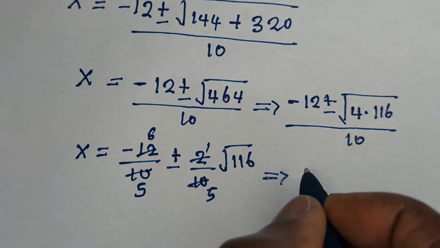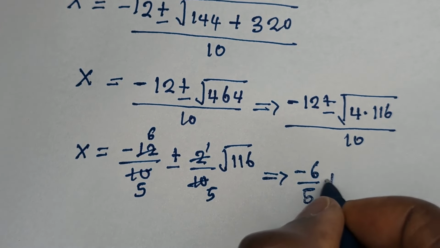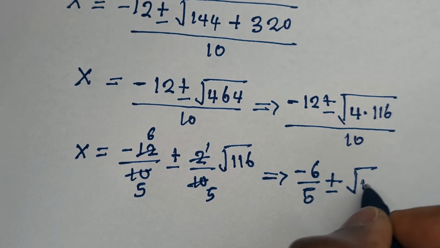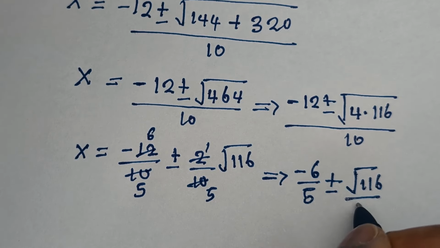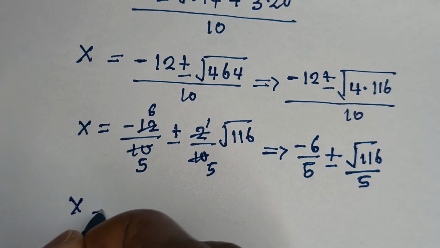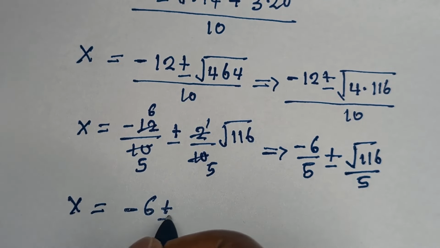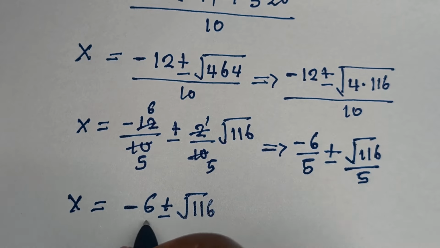This is the same thing as minus 6 over 5 plus or minus square root of 116 over 5. Therefore, x is equal to minus 6 plus or minus square root of 116 over 5.